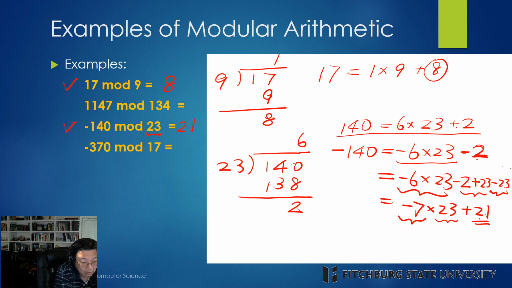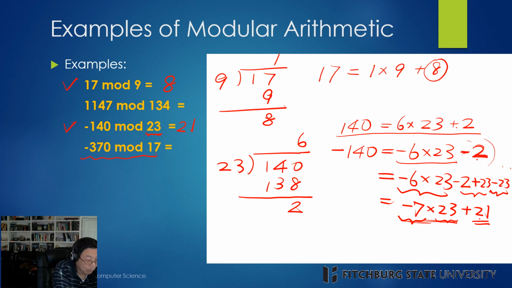So we decrease the value of the quotient: negative 6 becomes negative 7, and the remainder becomes 23 plus that remainder.